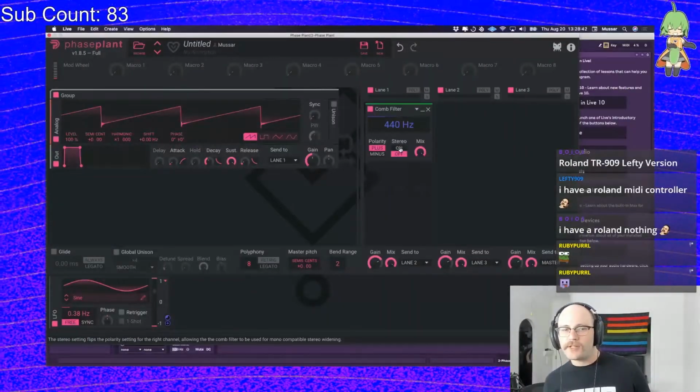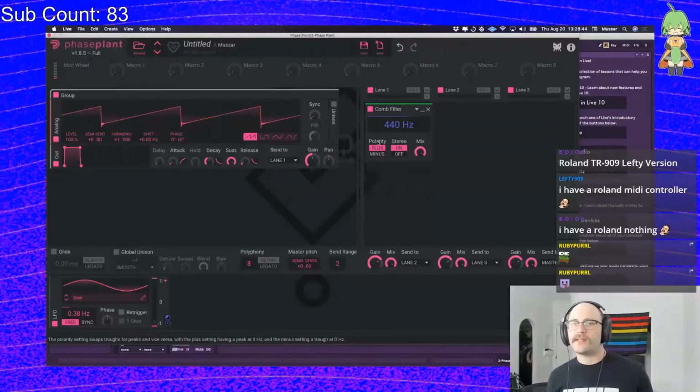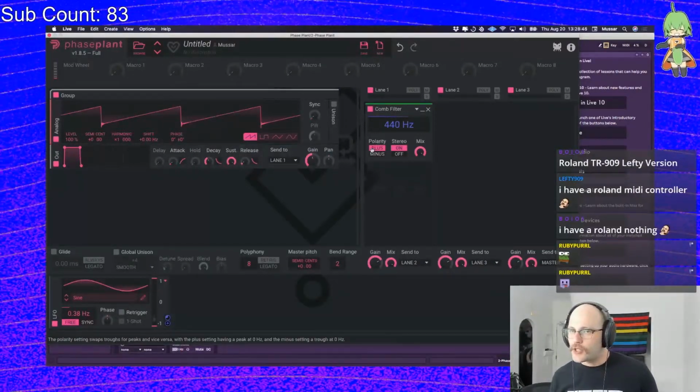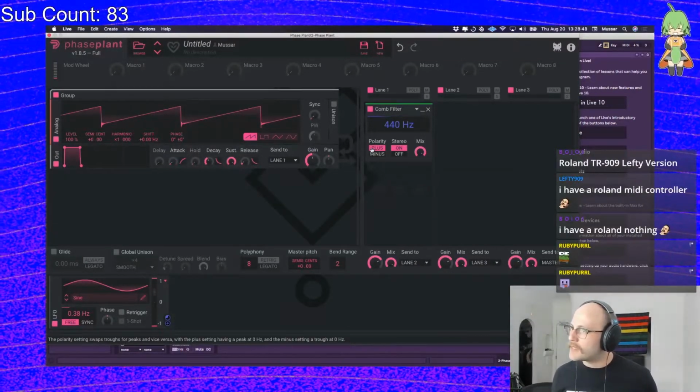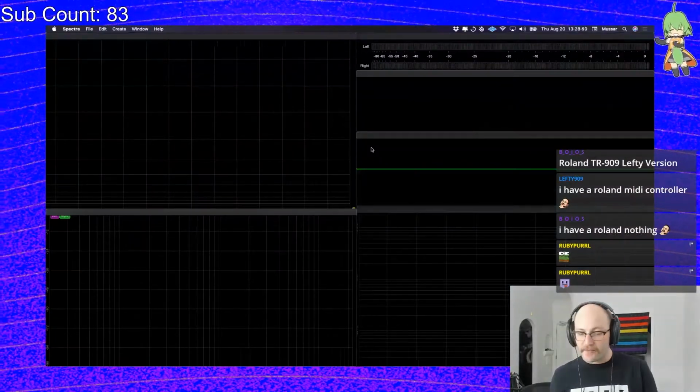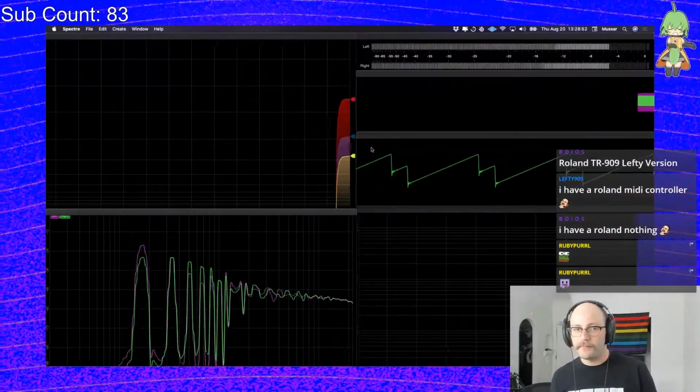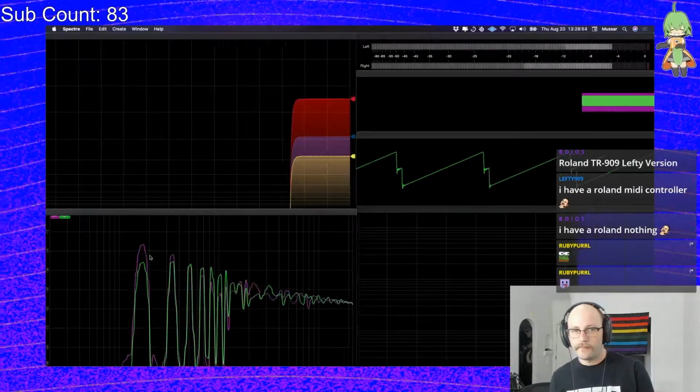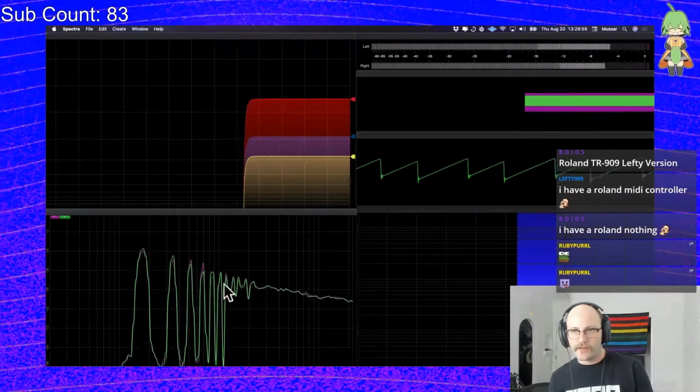When I do stereo, what it does is it says that, okay, one channel should be comb filtered in a positive way, the other should be filtered in a negative way, and you get something like this. See right here what it's doing to the wave.